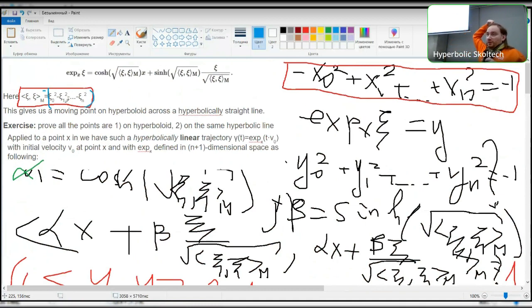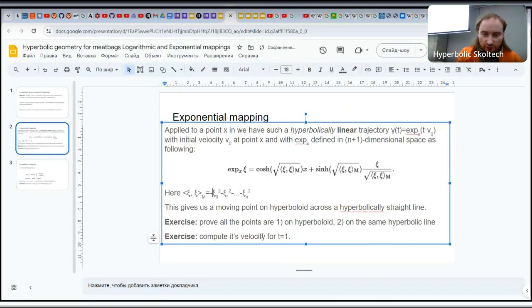So yeah, let me improve my presentation now. Okay. Sorry about this. Lots of mistakes today. So here it is with minus, here it is with plus.